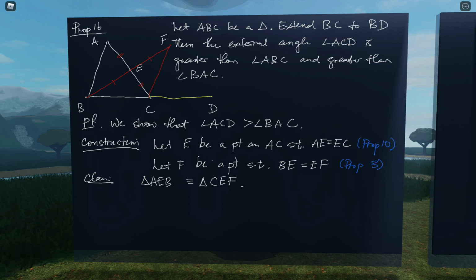We already see two of the side pairs that are equal by construction, right? Since AE is equal to EC and BE is equal to EF. This is just by construction.